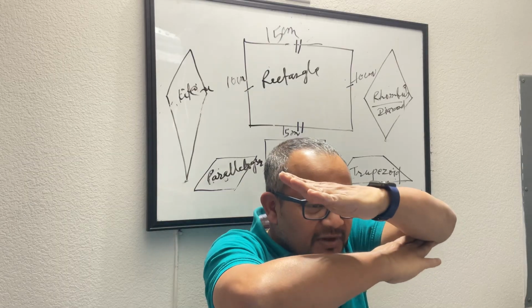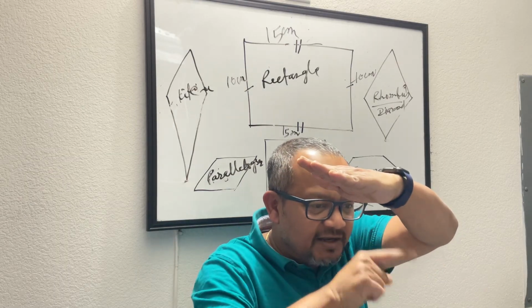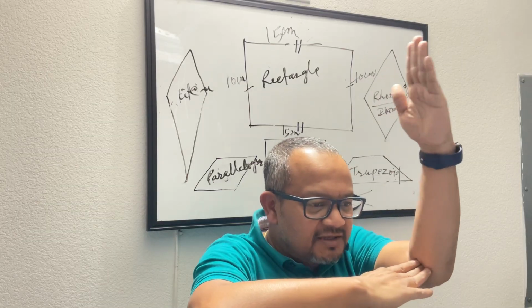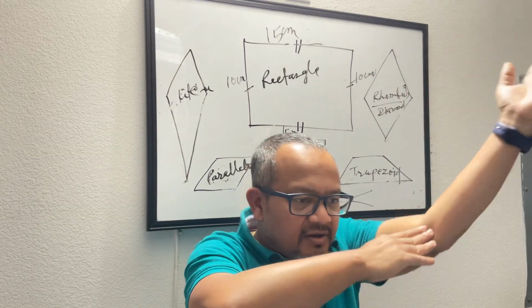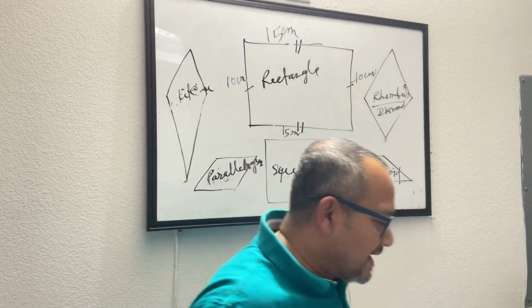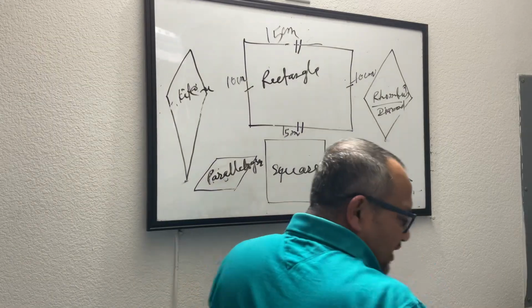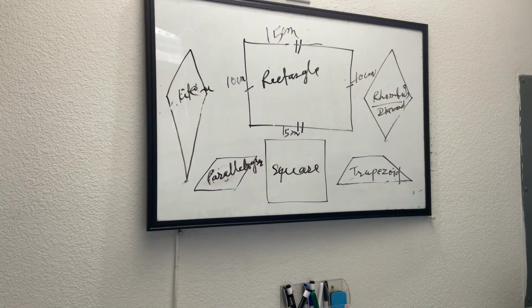When the two lines are meeting very close to each other, they make a smaller angle here. See, the angles are becoming bigger, even bigger. So that is how, as you rightly said, there's a way to measure the angles.